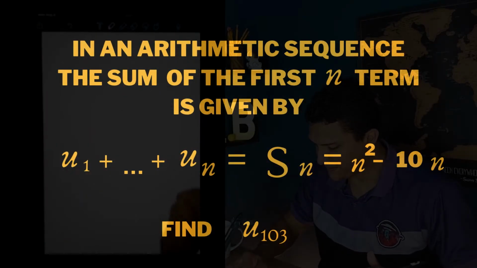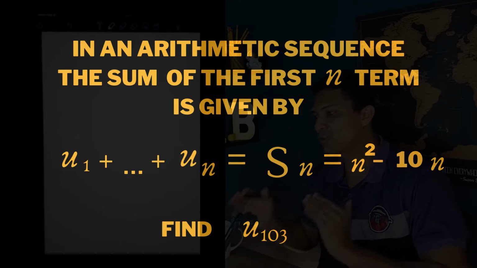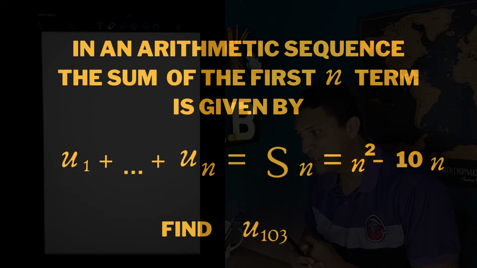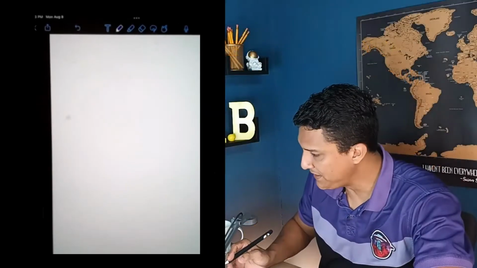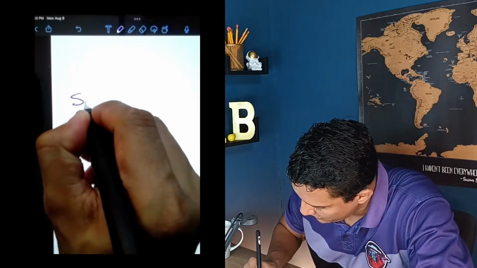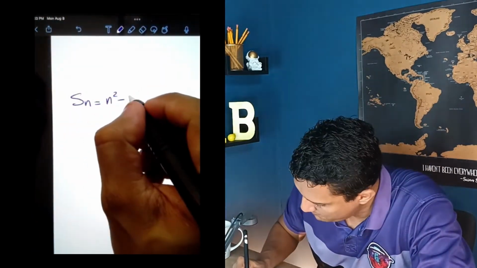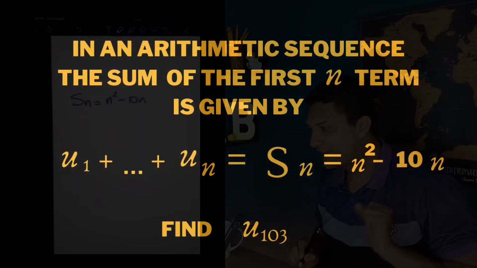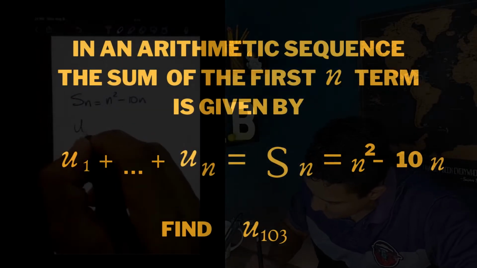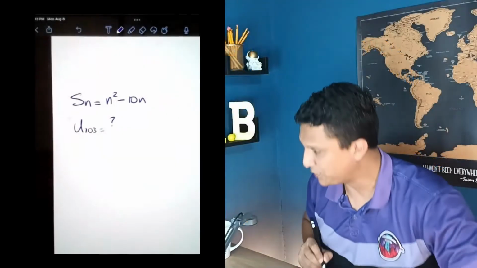In the first example, they are telling us that in an arithmetic sequence, the sum of the first n terms is given by the expression that we have here. So I'm going to copy that expression. Sn equals n to the second power minus 10 times n. Notice that they are asking me to find the term located in the 103rd position.